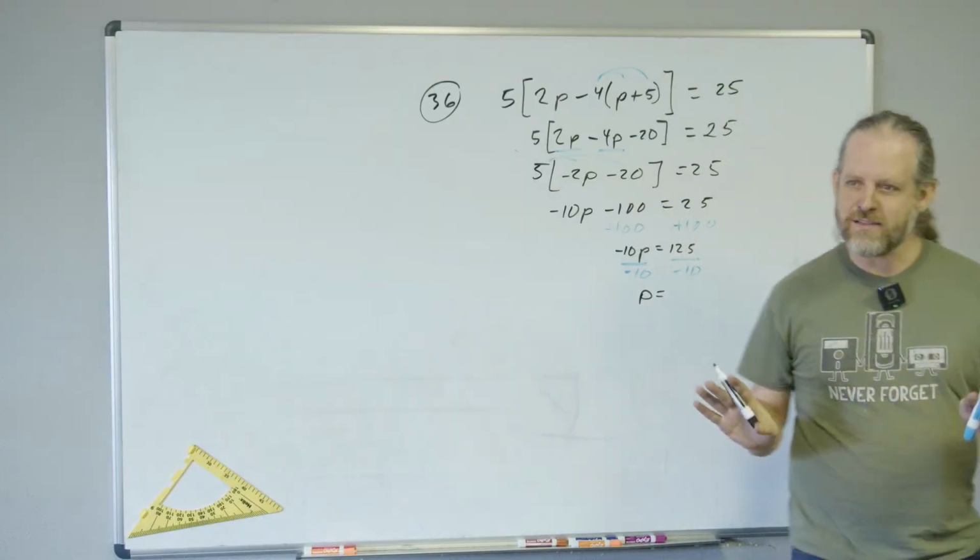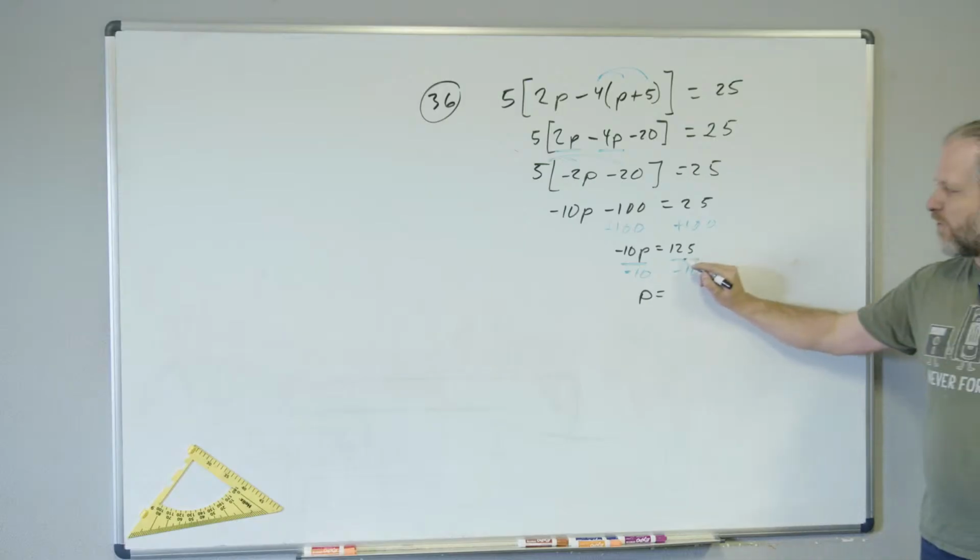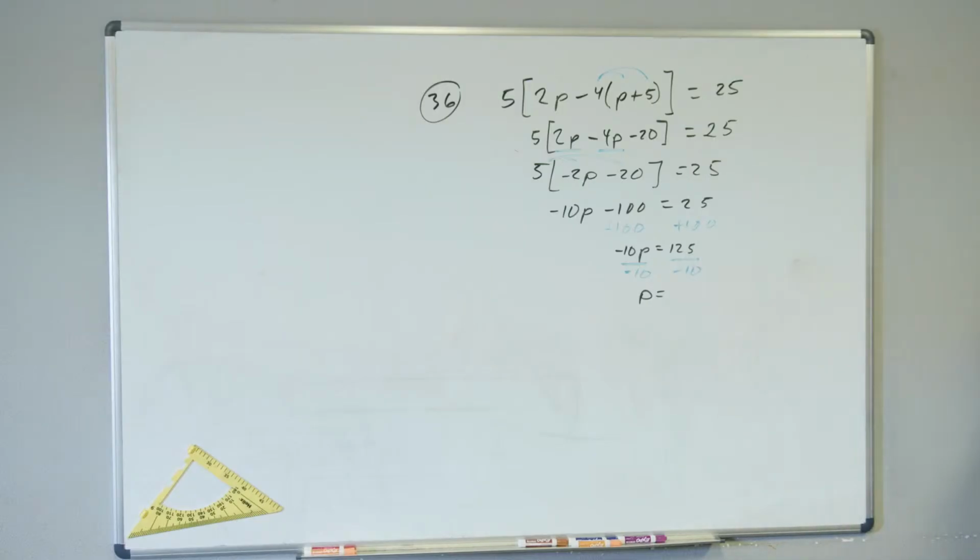Don't click the buttons. Let's think in our brains for a second. 12.5. Stop, calm down. Let's think in our brains. When you divide anything by any multiple of 10, what do you do? Move the decimal. You just move the decimal by the number of zeros. It's going to move over once, right? Negative 12.5.